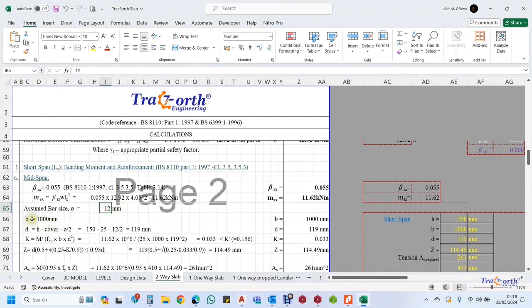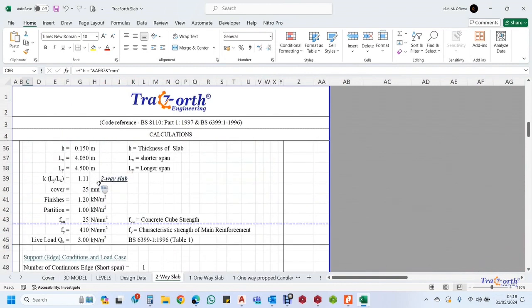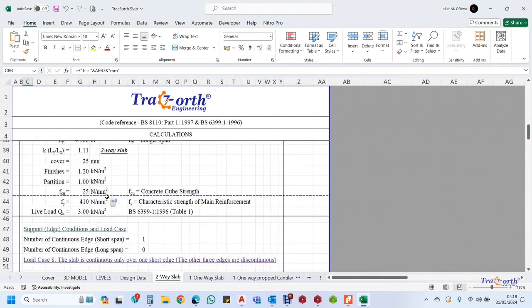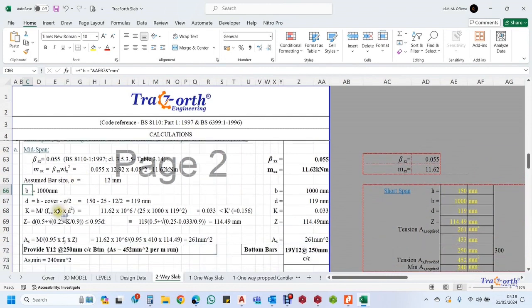So this is our width, which we said earlier is going to be 1 meter, and then the effective depth, which is our depth minus the cover minus the assumed diameter over 2. In this case, our depth is 150 minus, all these are automated, covered by formula.